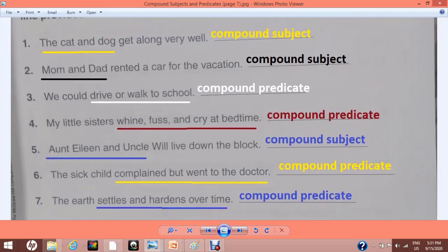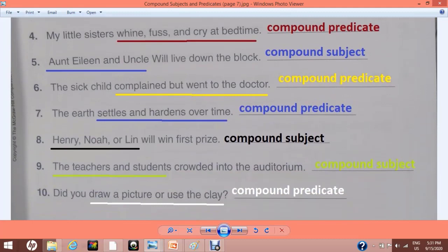Like number 2, mom and dad rented a car for the vacation. Now mom and dad will become the compound subject. Number 9, the teachers and students crowded into the auditorium. Now these two different entities are groups, one group of teachers, another group of students. They are gathering at one place.